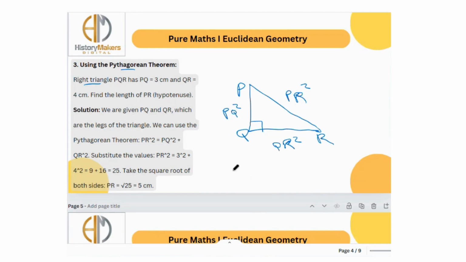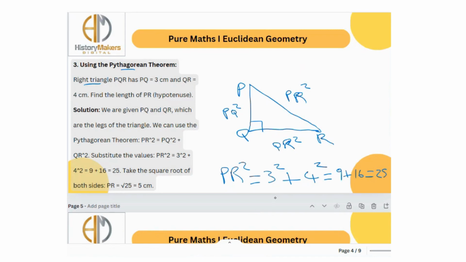The theorem of Pythagoras says PR squared is equal to PQ, in this instance given as 3, so it's 3 squared plus QR, which is given as 4. So you say 4 squared. Therefore, you're going to have 9 plus 16 is equal to 25.